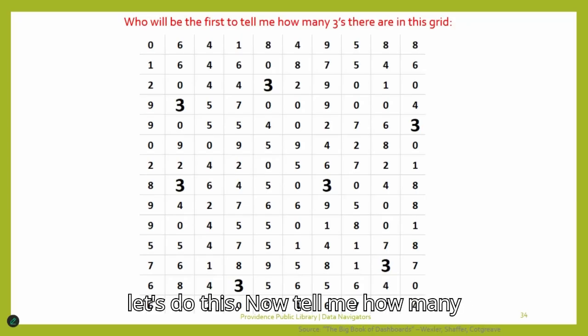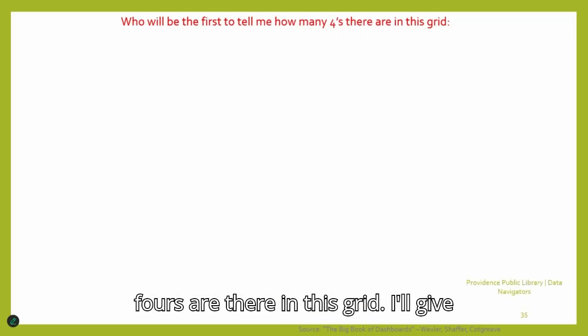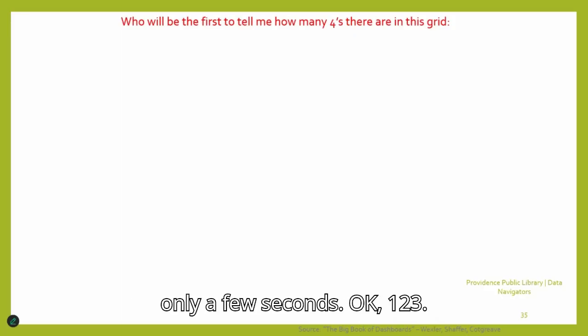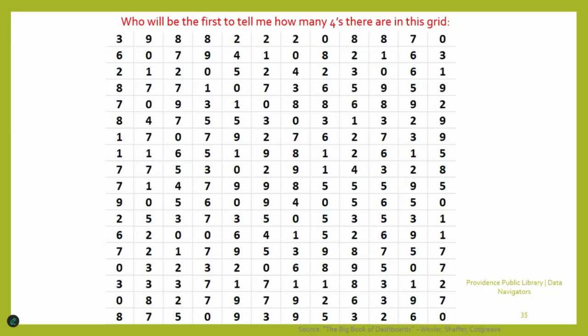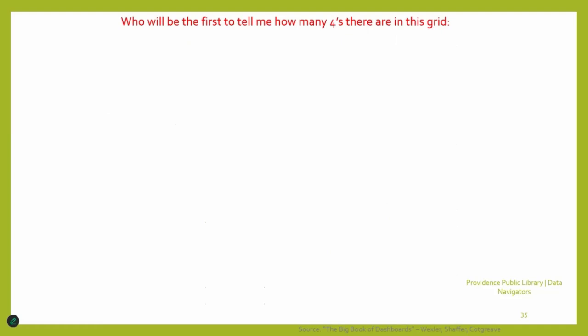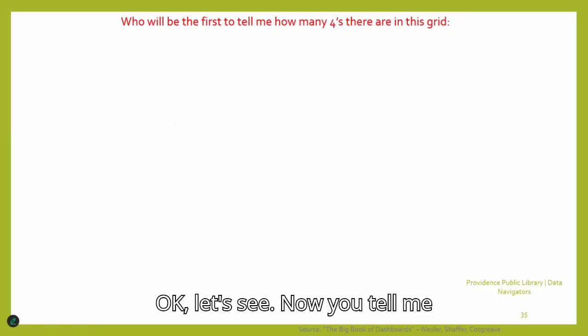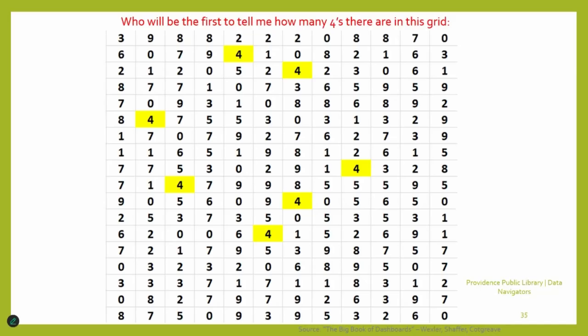Okay, let's do this. Now tell me how many 4s there are in this grid. I will give only a few seconds, okay? 1, 2, 3. How many 4s are there? Any guess? Okay, let's see. Now you tell me. How many 4s?